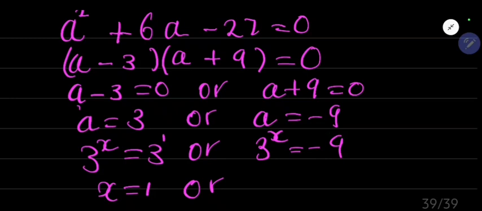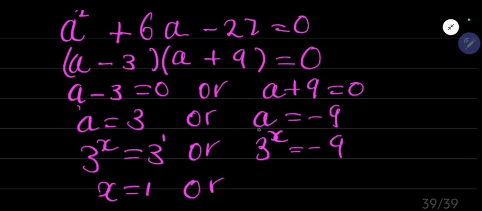What's happening here is that with this minus 9, we will not have a solution. The reason being that 3 exponent x is greater than 0 for all values.